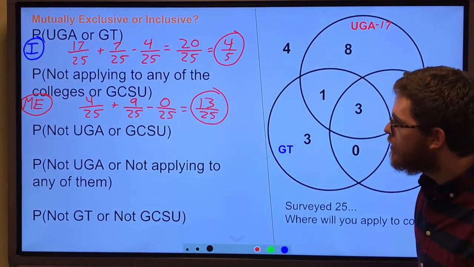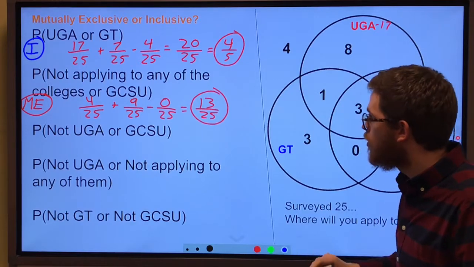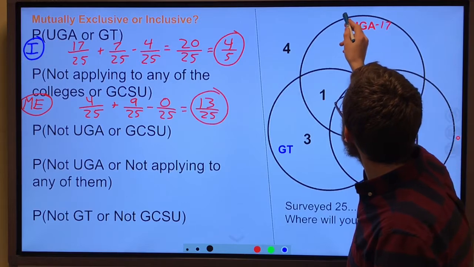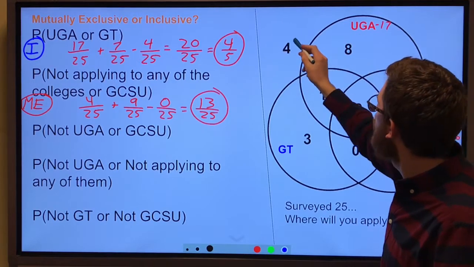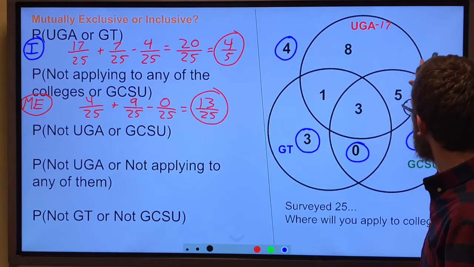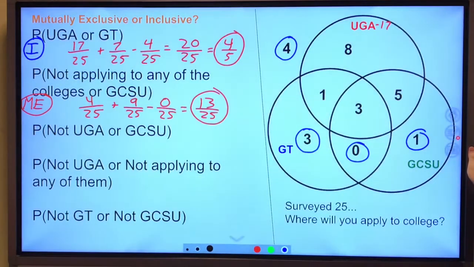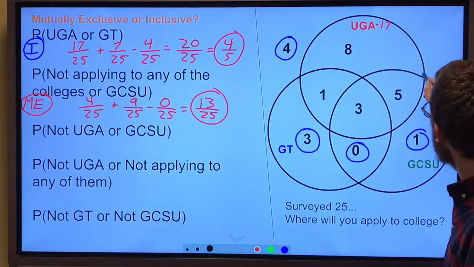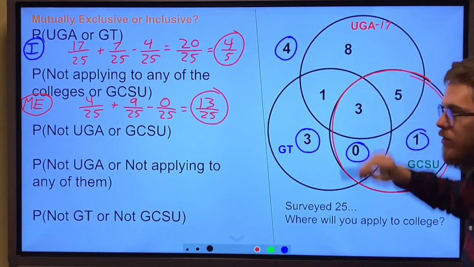Next, not applying to UGA or GCSU. Well, not UGA is everything outside of the UGA bubble. Not UGA consists of all of these numbers. That's everything outside of the UGA bubble. Or GCSU. Well, there's the GCSU bubble.